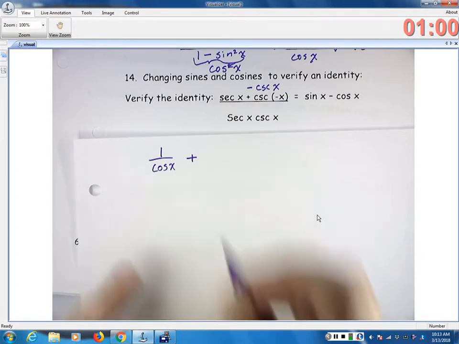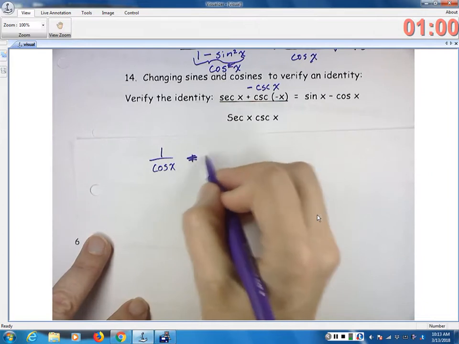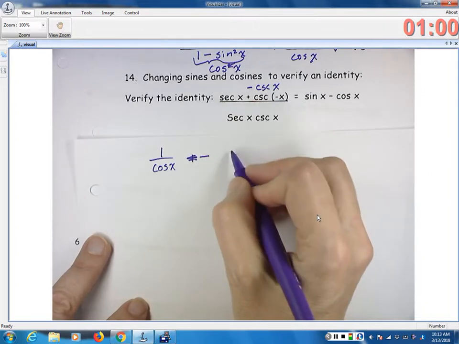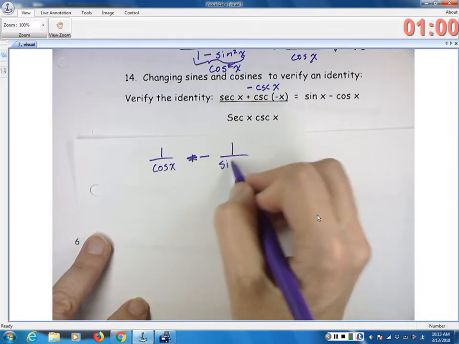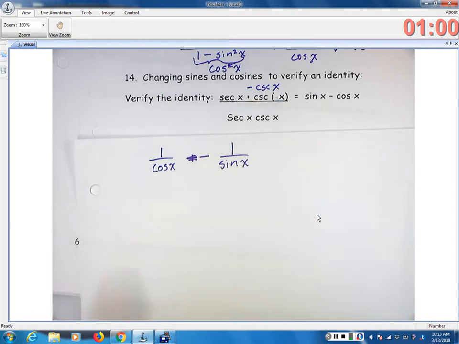So then it's going to be minus 1 over sine x. The angles have to be the same. Have to get them all in terms of x and not have any negatives in there.